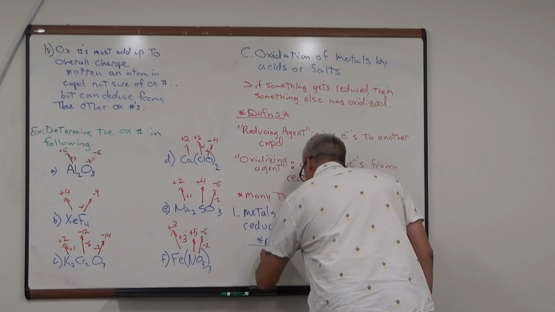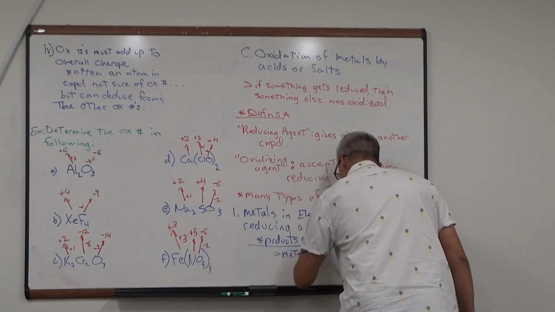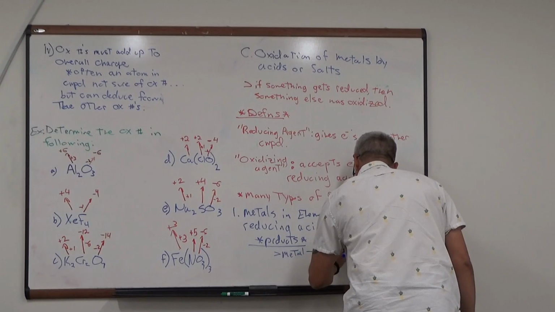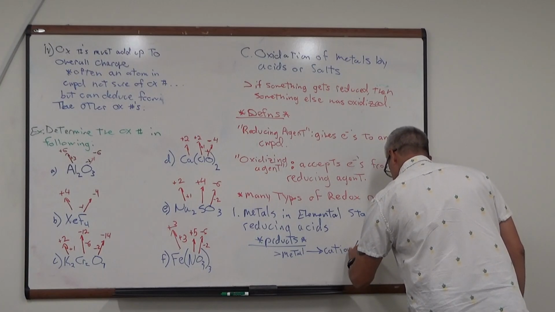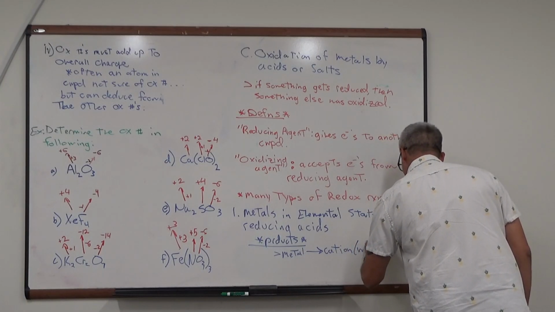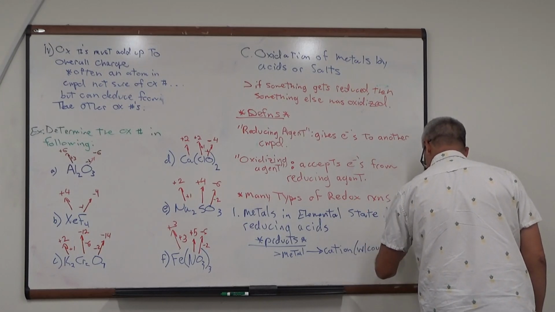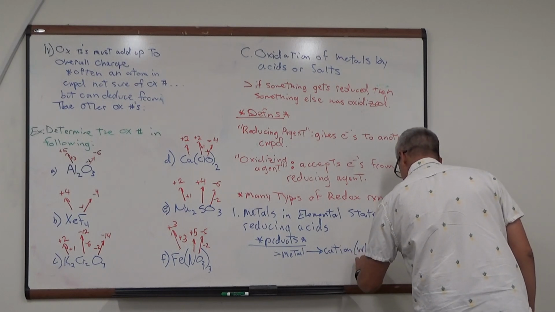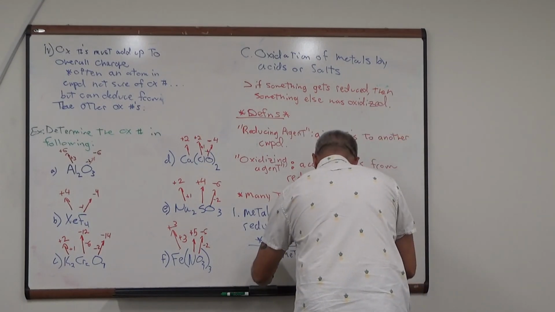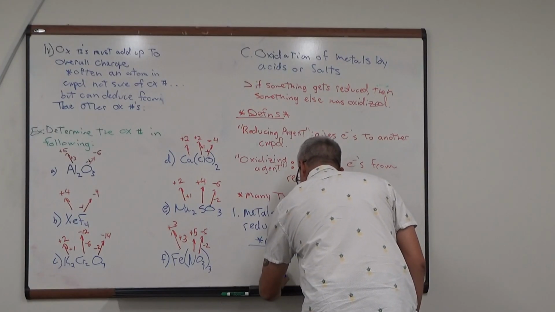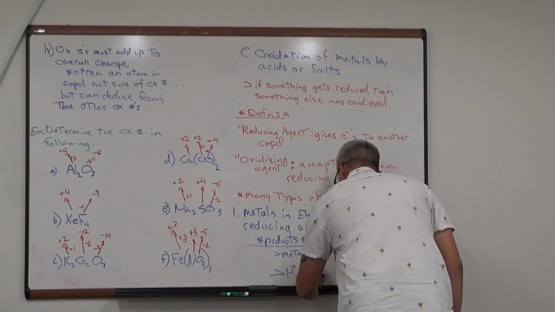The metal is going to turn into a cation, and it is going to use the counter ion from the acid. And then the other is, the proton from the acid is going to turn into hydrogen gas.